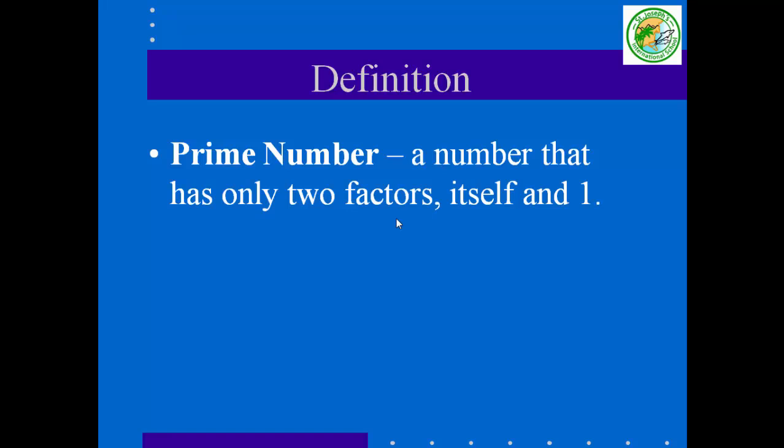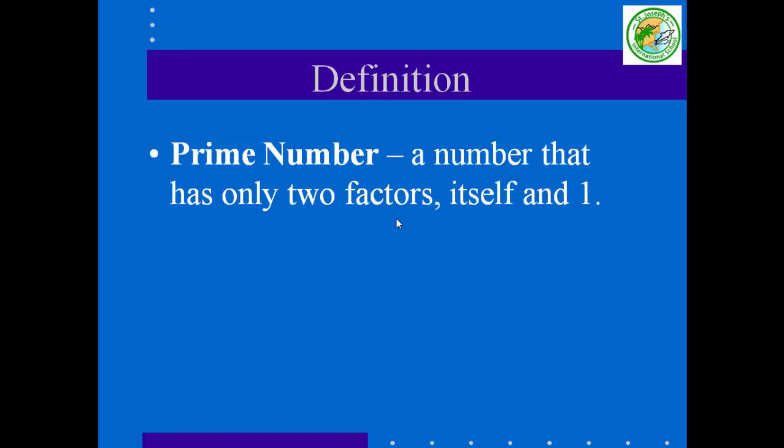Another number, for example, if you want to find the factors of number 7, also 7 equals 1 times 7, and only 1 times 7. You can't find 7 in table 2 or 3 or 5 or 4 or 6.